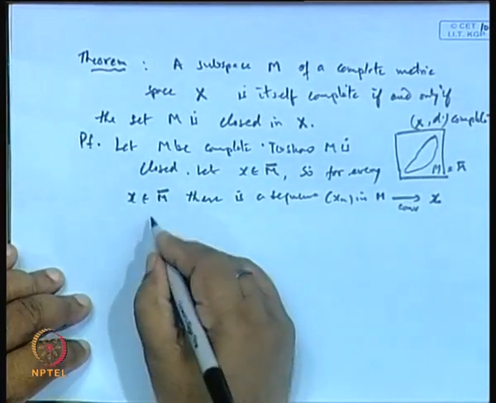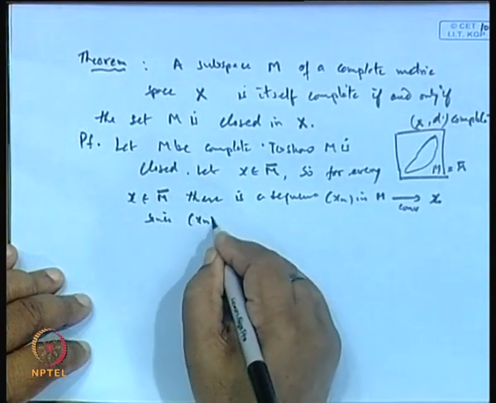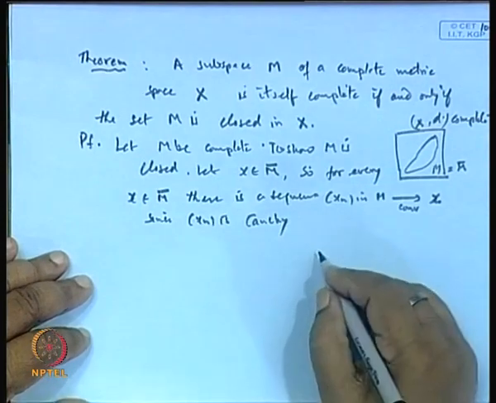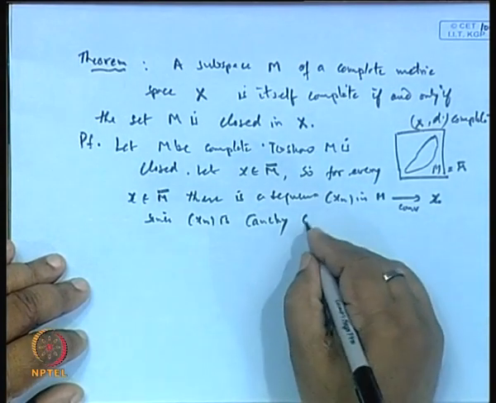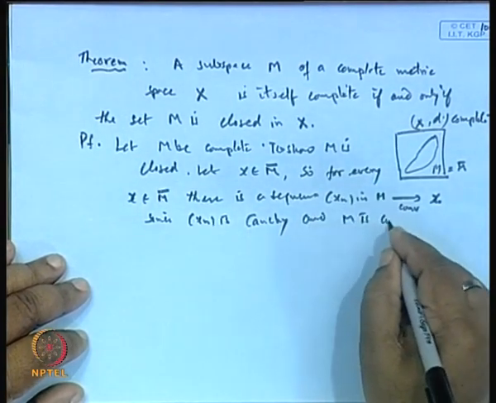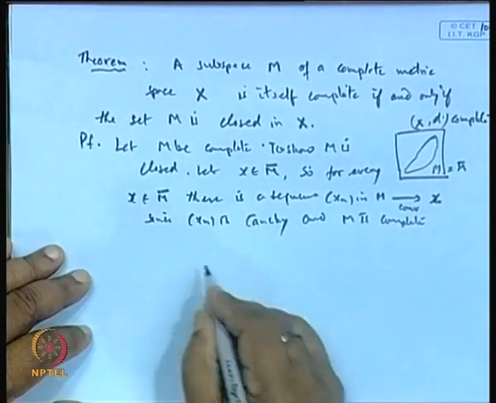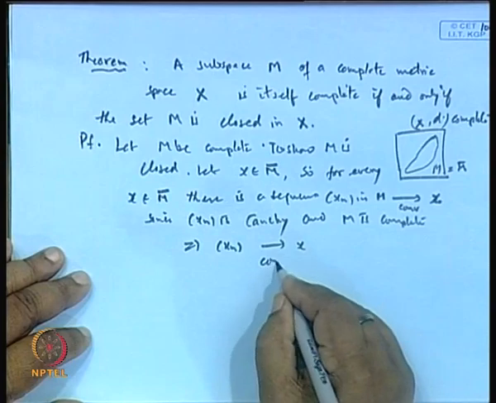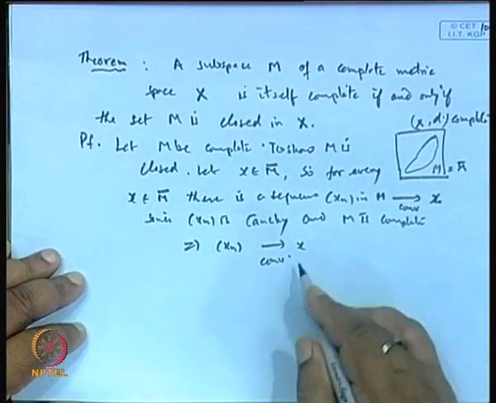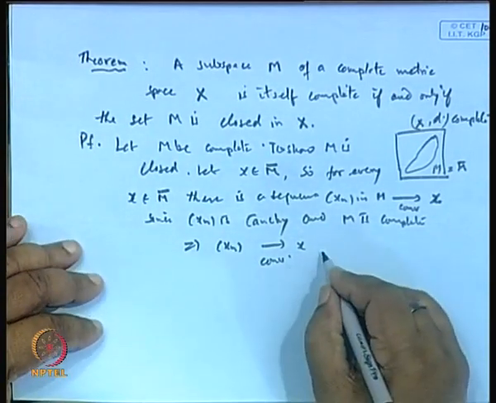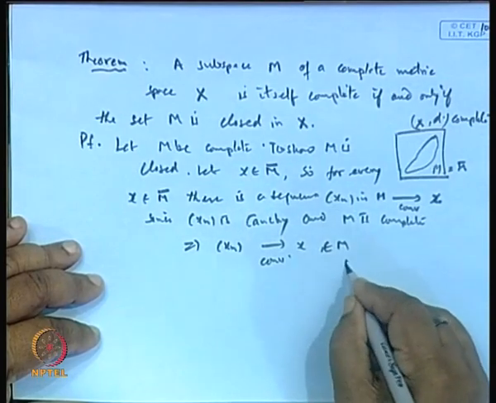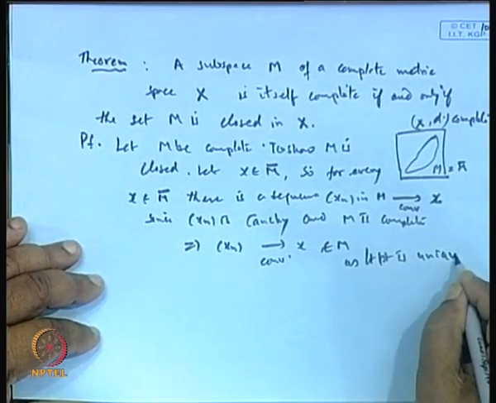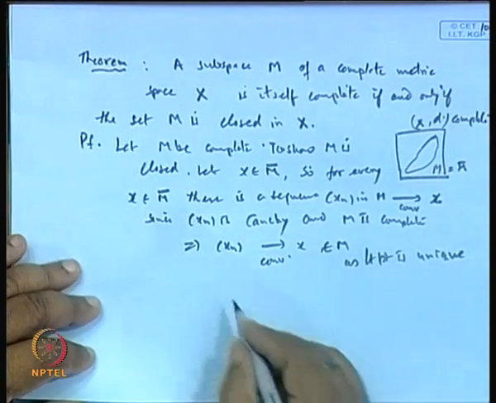So, x n is a Cauchy sequence, and M is complete. So, every Cauchy sequence is convergent. So, this implies that x n converges, and the limit point is unique. So, x belongs to M as the limit is unique. Okay. So, this proves M is closed.